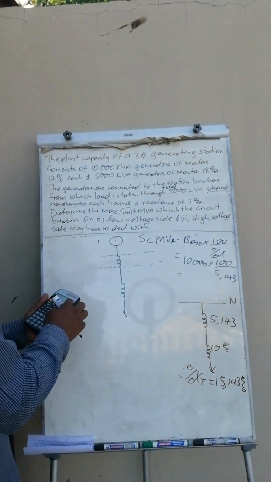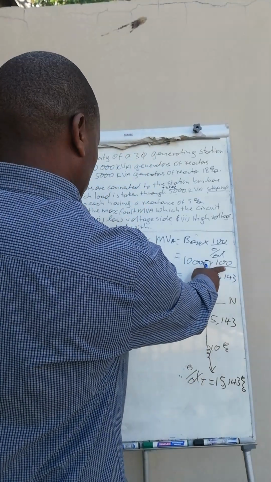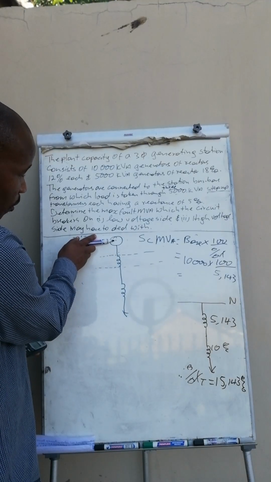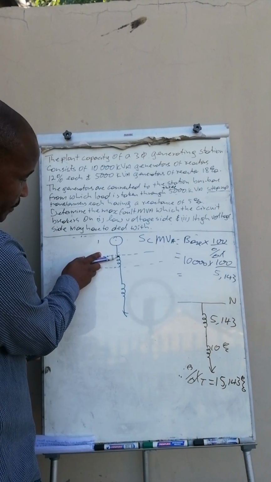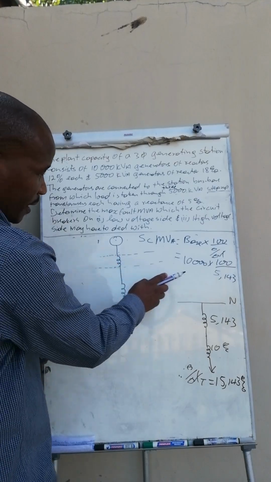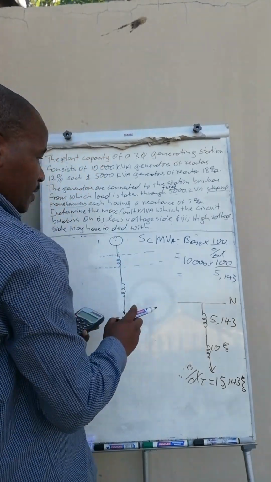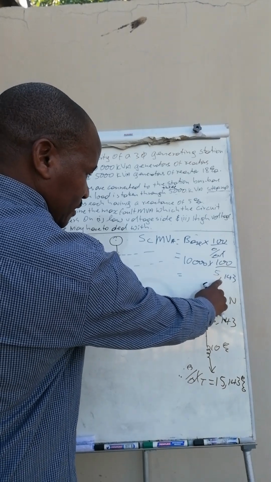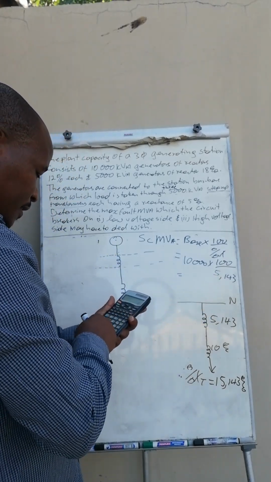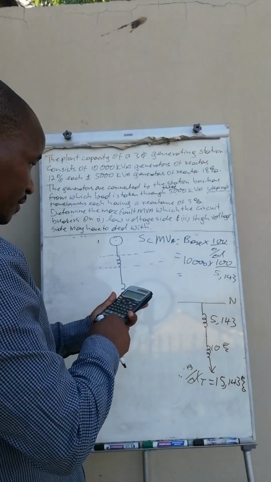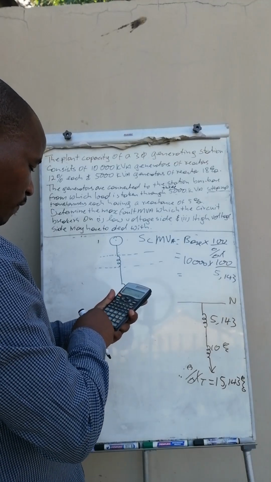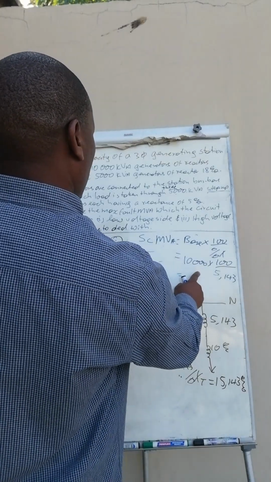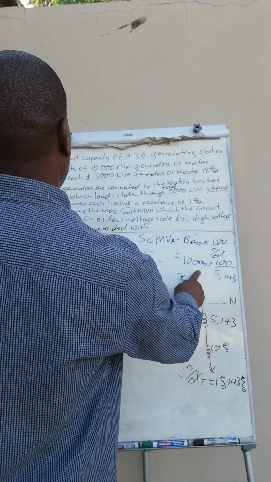The impedance of the system can only oppose the fault up to that point, and there the reactance is 5.143.